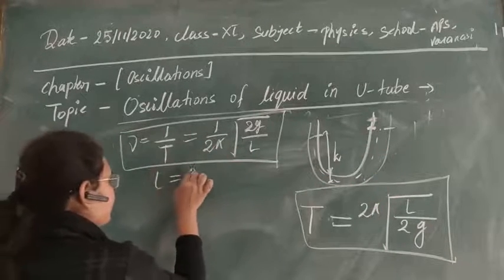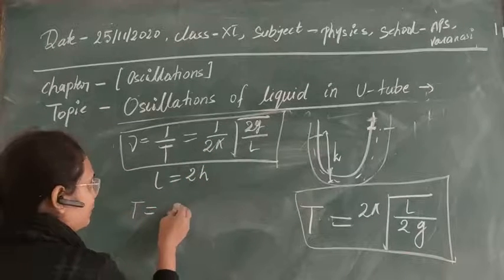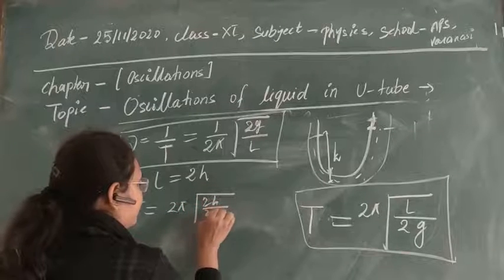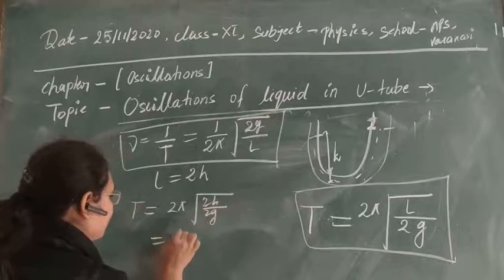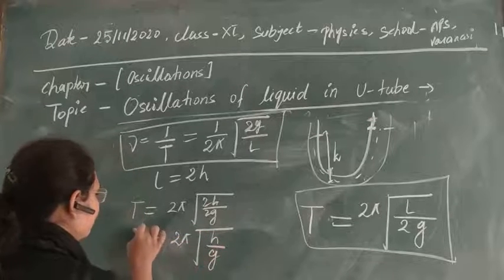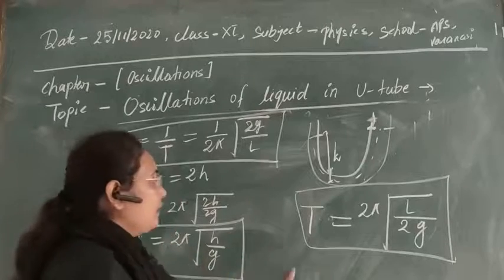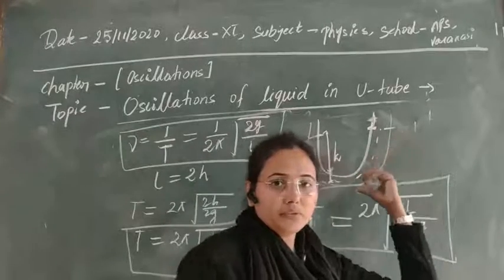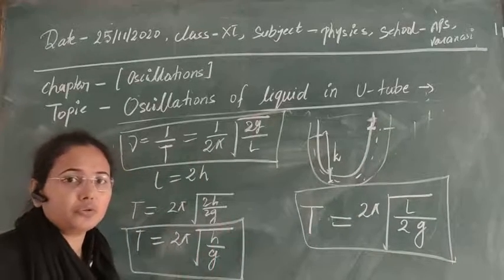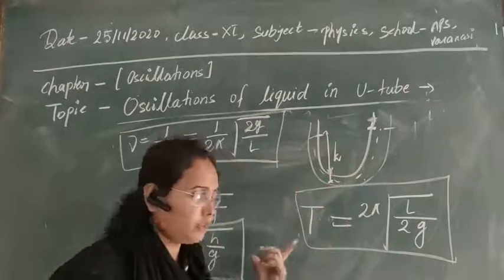So if L is equal to 2h, then this whole formula becomes T equal to 2 pi root 2h upon 2g, or 2 pi root h by g. So in terms of the height of the liquid in either arm of the U-tube, we can also calculate the time period this way if we know this height.